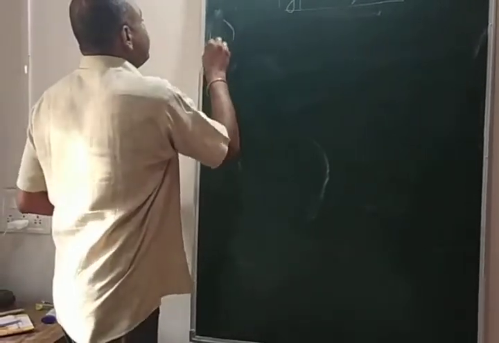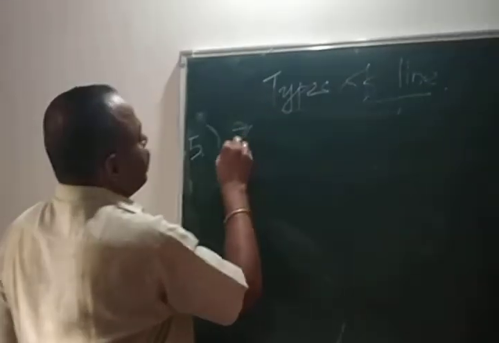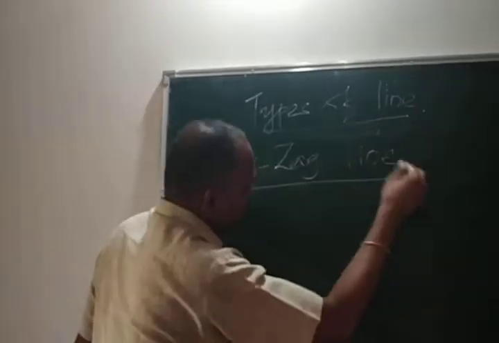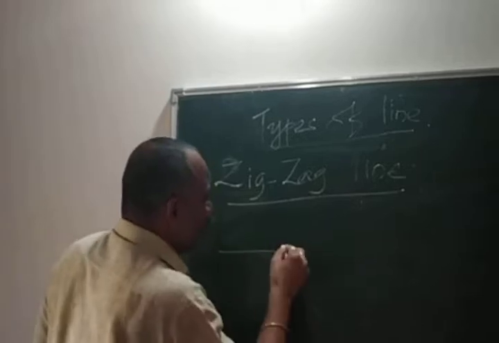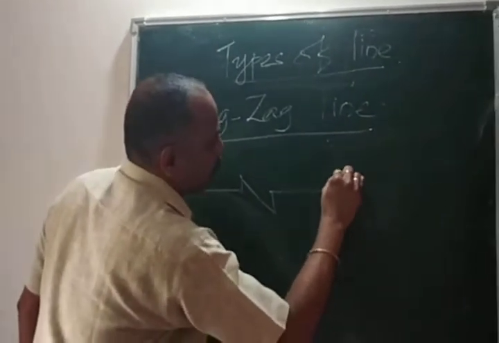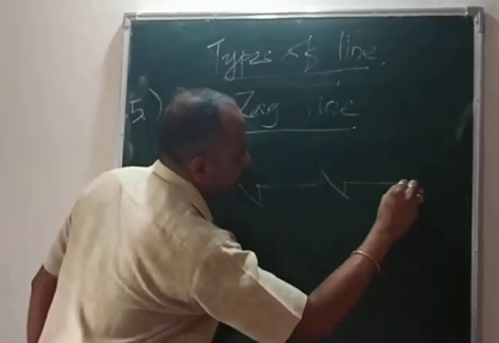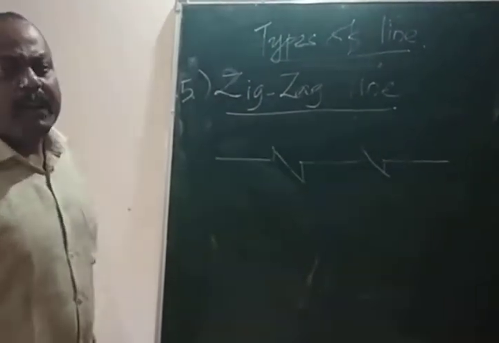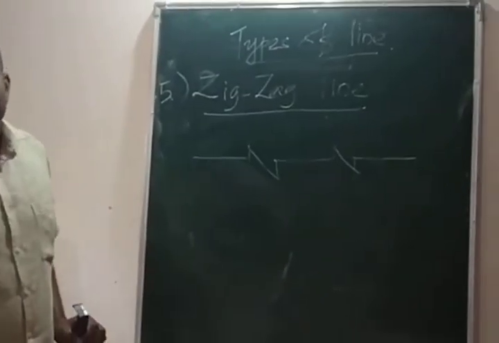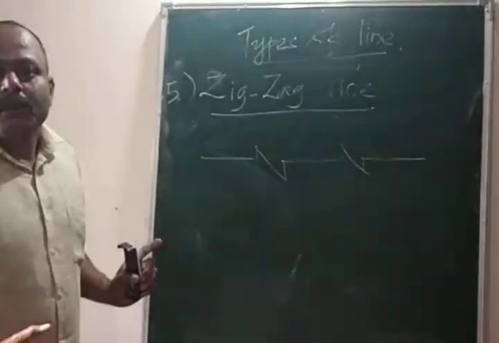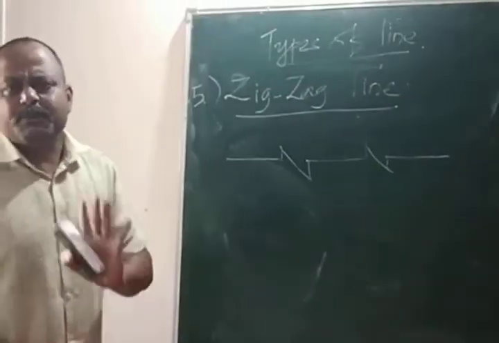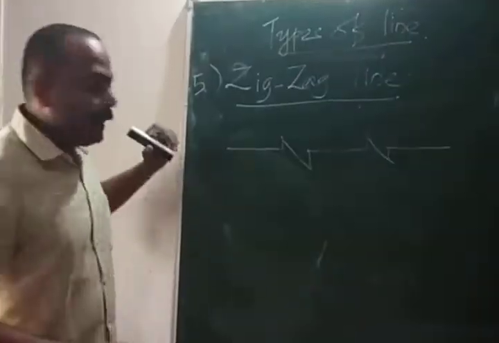Number 5, zigzag. The symbol of this zigzag line is like this. Where do we have to use this one? Suppose there are some limitations or interruptions to view any kind of object, and for that purpose we have to use this zigzag line.